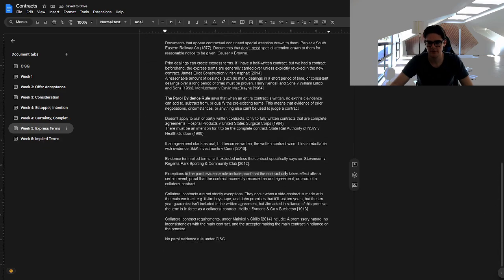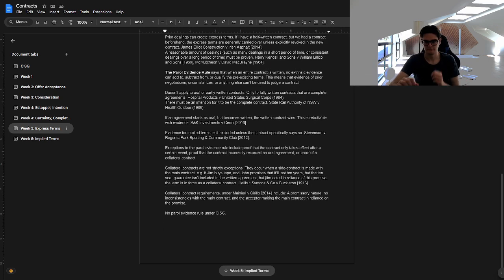Exceptions to the parole evidence rule include proof that the contract only takes effect after a certain event, proof that the contract incorrectly recorded an oral agreement, or proof of a collateral contract. So, proof that it takes place after an event. If we agree that I will sell you the tape only on the next day that it's raining, and then we agree that face to face, this is not a good example. Let me think of a better way of putting this.